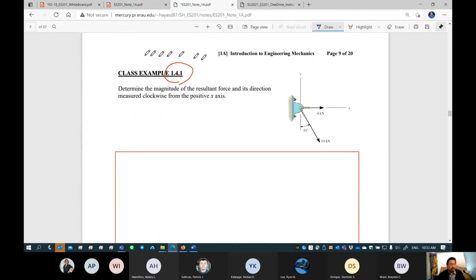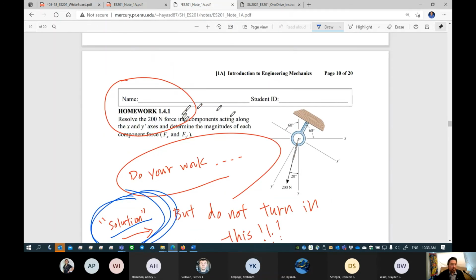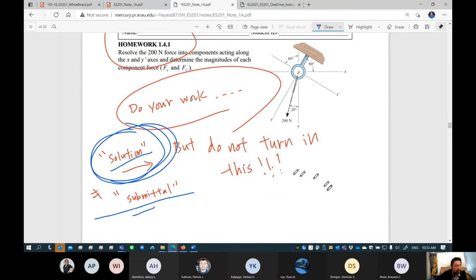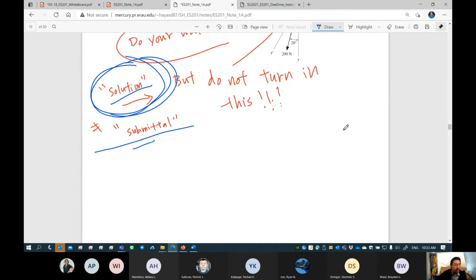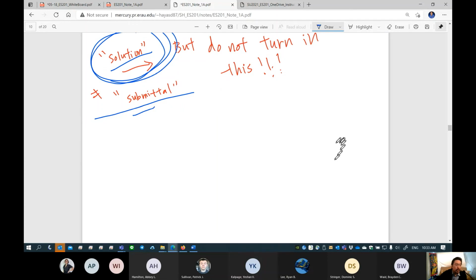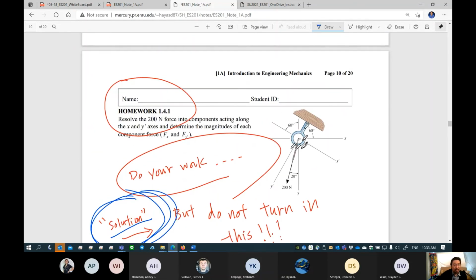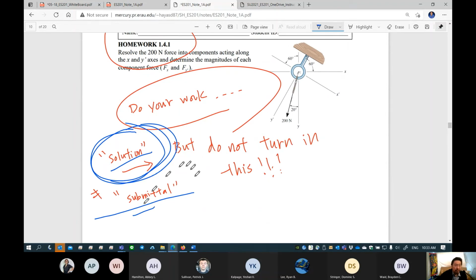Important thing: once we complete the class example, the same-numbered homework, you should immediately start working on it in your notes. Once the homework due date is announced, the only thing you need to do is explain your own solutions as a submittal and drop it in OneDrive. So you're going to visit the same problem twice.